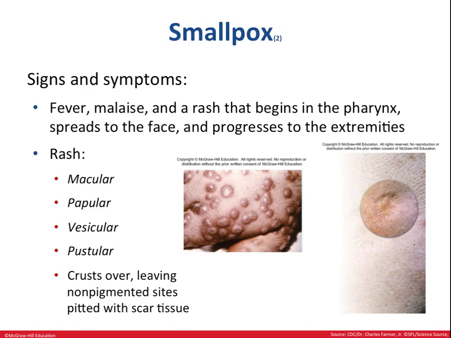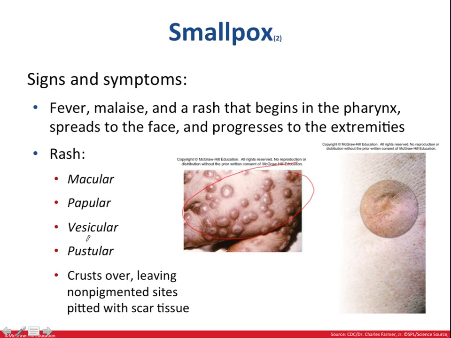Okay, so the symptoms are severe. Okay, so the fever, malaise, okay, and the rash. So the rash, we can see these are the rash of smallpox. Okay, so those are vesicular rash. Okay, so it spreads from the pharynx to the face and extremities.